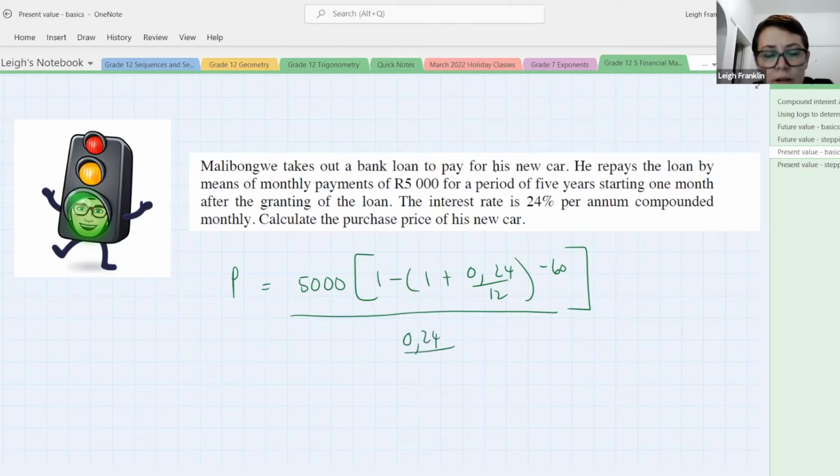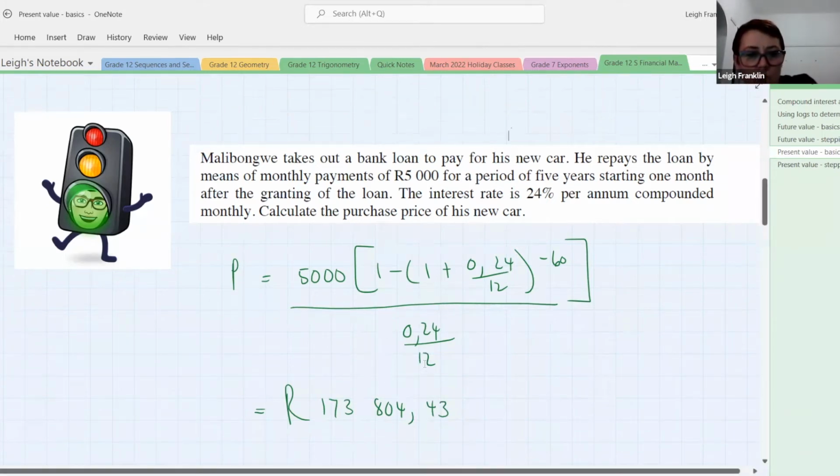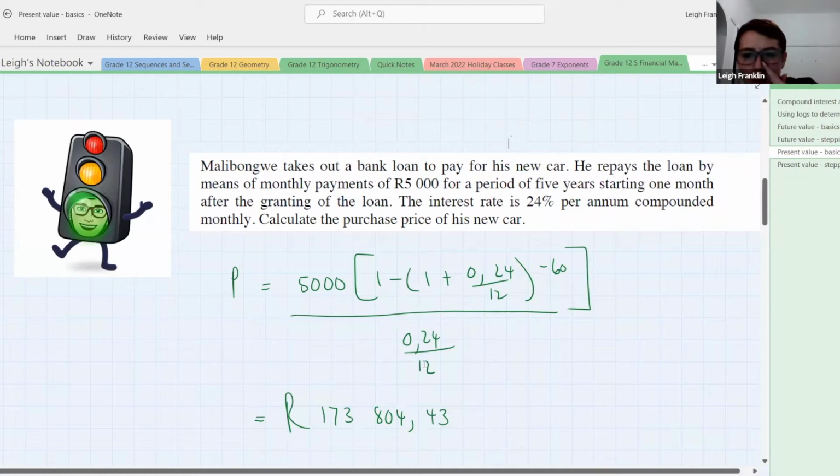And his interest rate was 0.24 over 12. So yes, I quite agree. I also got that the purchase price of his vehicle was 173,804 Rand and 43 cents. Good stuff. Okay. Well done. Everybody happy with that? We can move on.